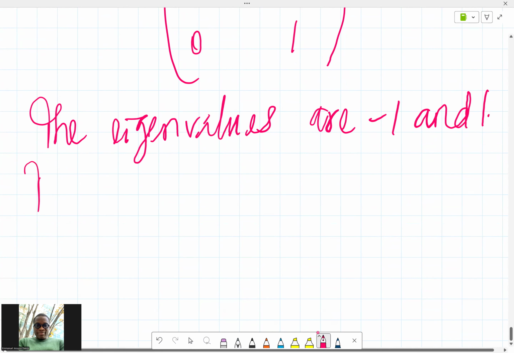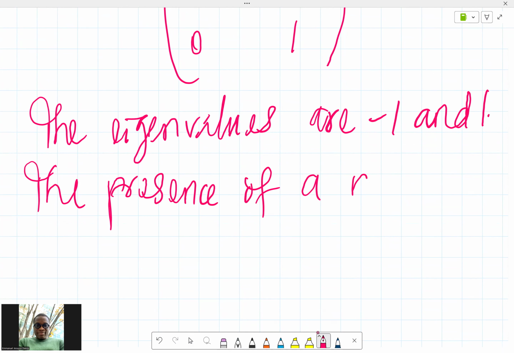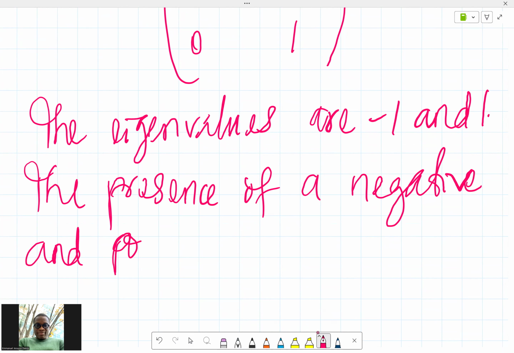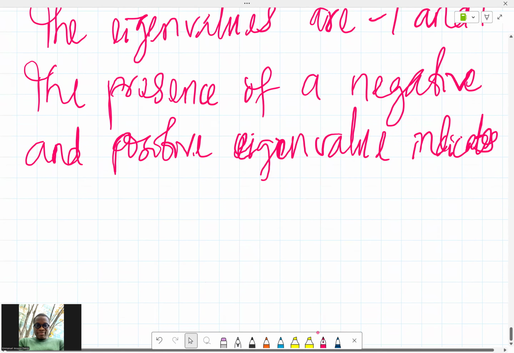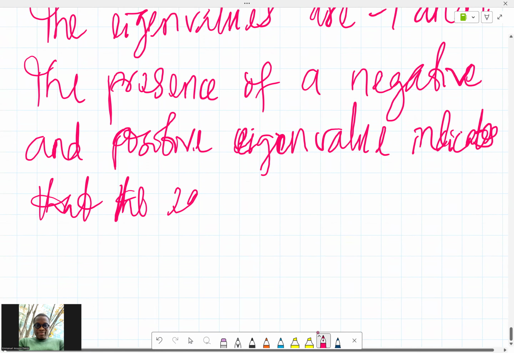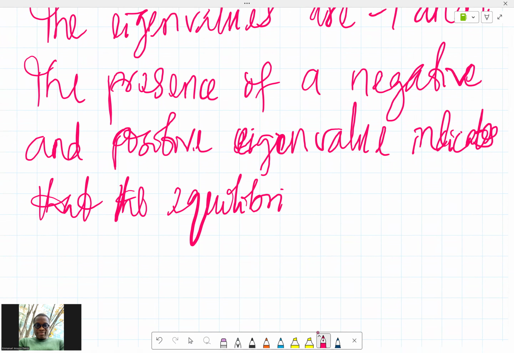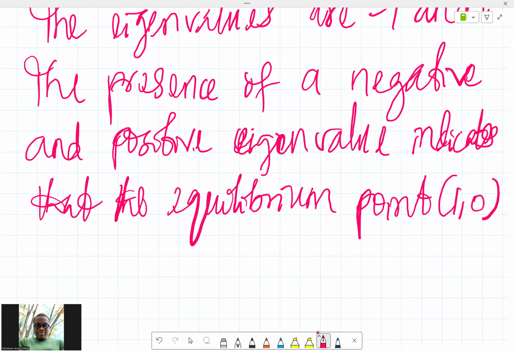So the presence of a negative and positive eigenvalue indicates that the equilibrium point 1, comma 0 is a saddle point.